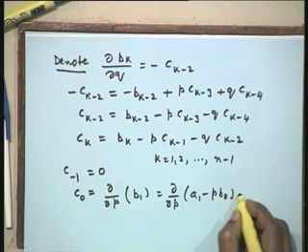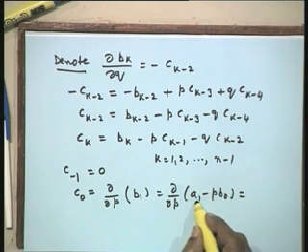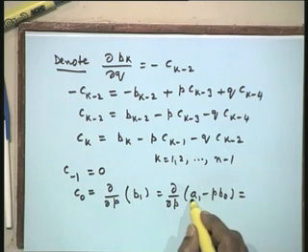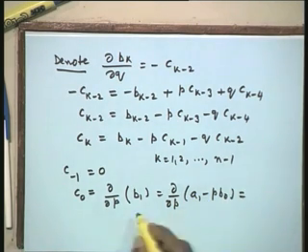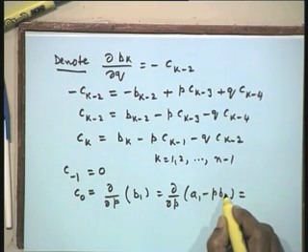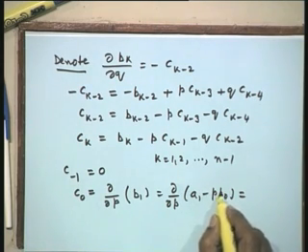A1 is independent of P, so its derivative is 0, B0 is equal to A0, therefore its derivative is also 0. Therefore what is left out is the derivative of this product only.